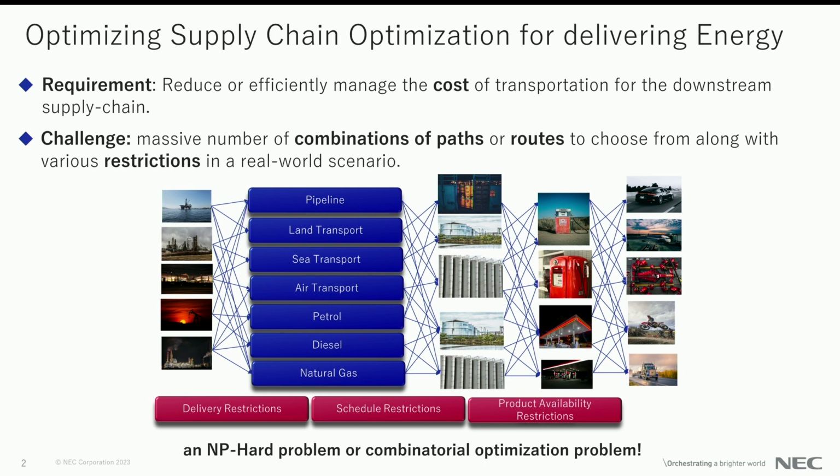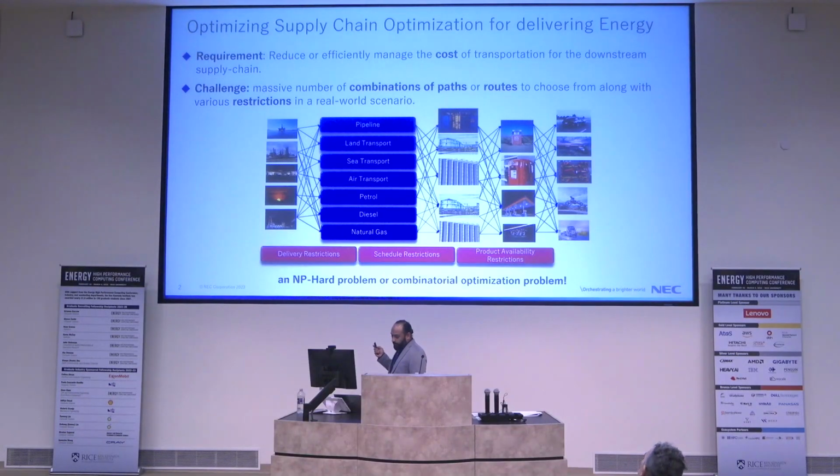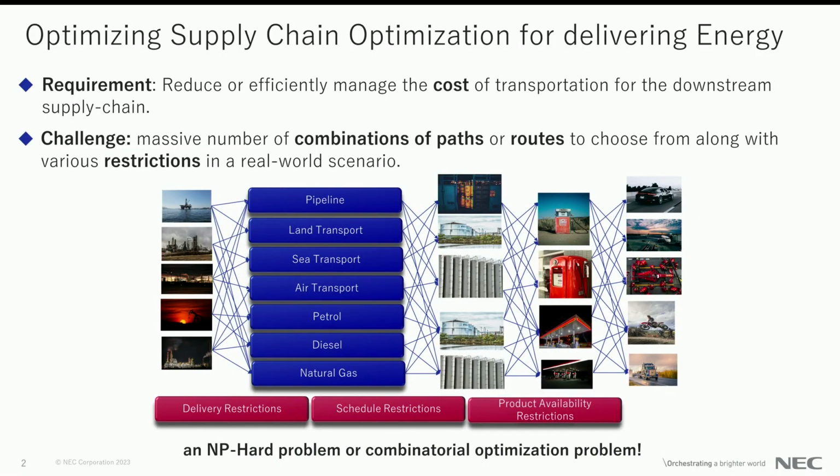If you look at the image here, on the left are possible sources of energy, followed by the methods of delivery, and straight up, right to the consumer. If you look at each connection here and follow it through right to the consumer, you will realize that each one of these is a possible solution to solving this delivery problem, but which one is optimal?